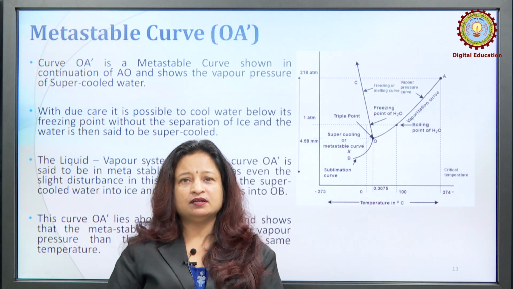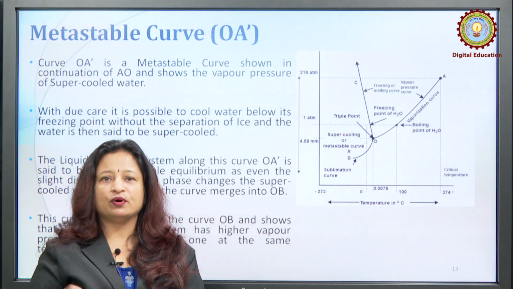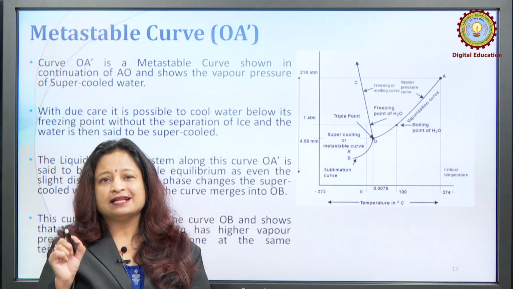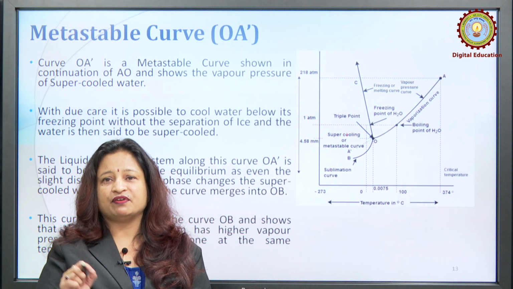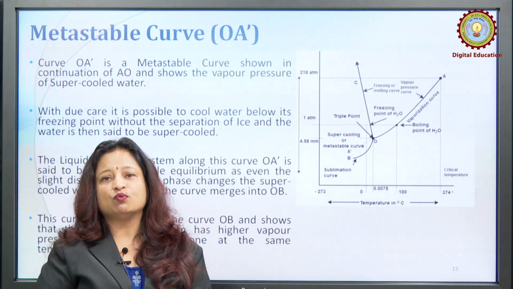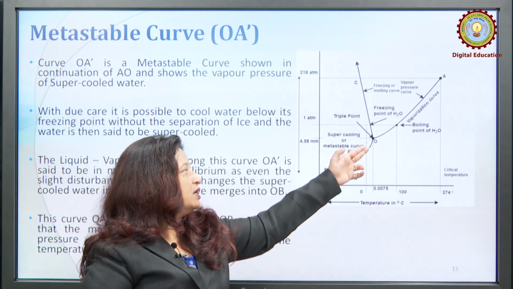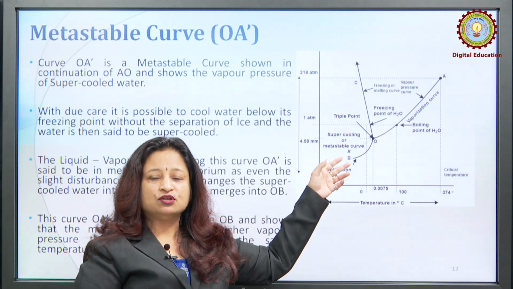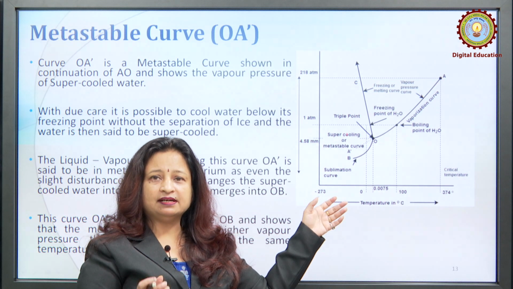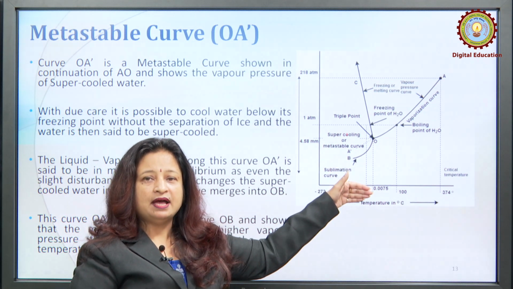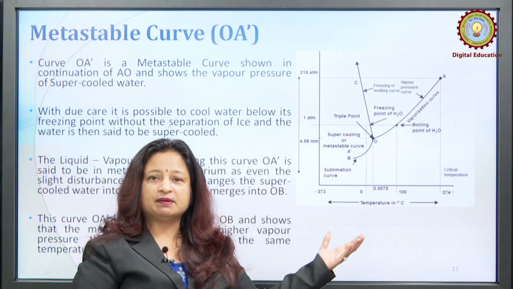So the liquid water system along this curve OA dash is said to be in metastable equilibrium, as even a slight disturbance in this phase changes the supercooled water into ice, and then the curve OA dash merges into OB, right? So if we create a little disturbance, then this curve will merge into OB, and in that way solid ice will be separated out.